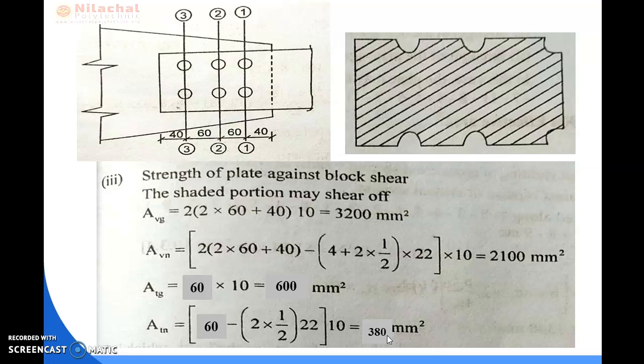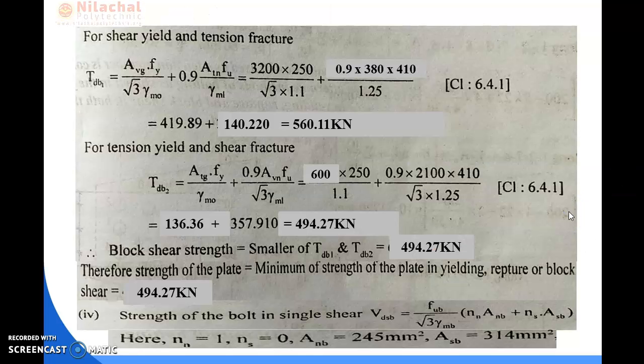So now we can calculate the block shear as TdB1 and TdB2 as shown in the code book. So first of all, we will calculate TdB1. So the formula is AVG into Fy divided by root 3 gamma m0 plus 0.9 ATN Fu divided by gamma m1.